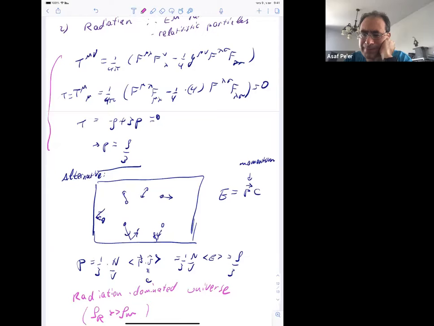If you find it more confusing, then forget it and just do the correct thing, the stress energy tensor. If you get confused with all these tensors, at the end of the day, they will give you the same equations that you're used to without them. They will just do it quicker and with much less chance of being wrong and much easier to generalize to relativistic cases and things like that.